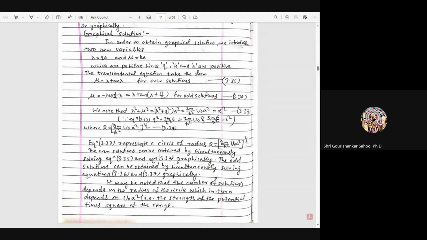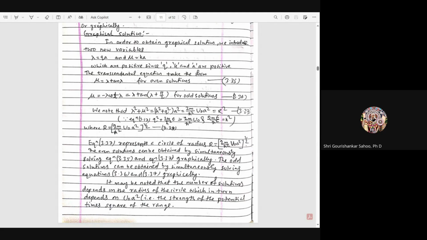So you can write lambda square plus mu square is equal to k square plus q square, whole multiplied by a square, which is equal to twice m by h cross square u0 a square, which is equal to r square, where r is the square root of twice m u0 a square by h cross square, and this represents a circle of radius r.